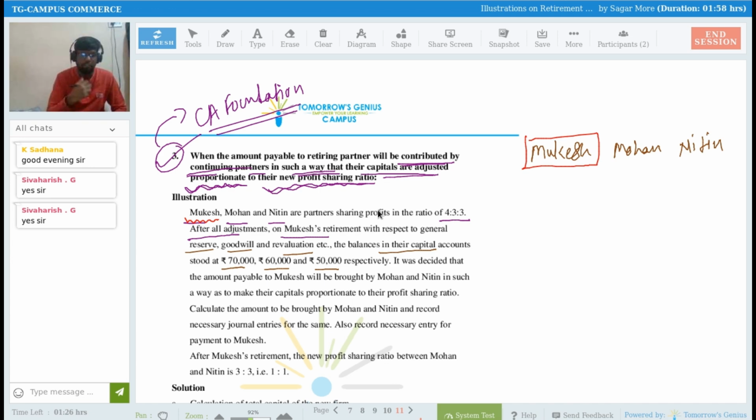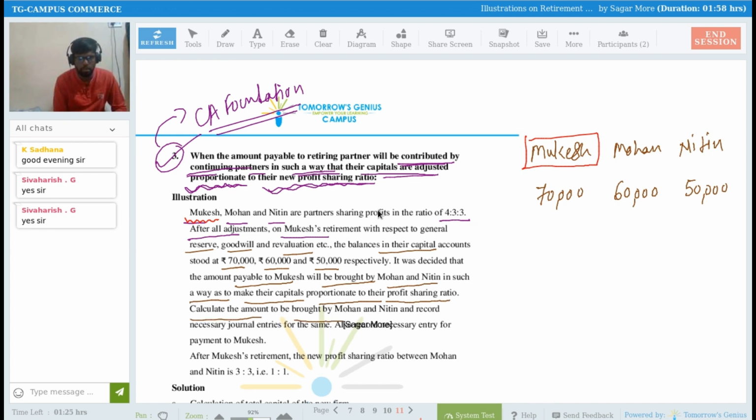After doing that, the balance stood at 70,000 rupees for Mukesh, 60,000 rupees for Mohan, and 50,000 rupees for Nitin. Okay. It was decided that the amount payable to Mukesh will be brought by Mohan and Nitin in such a way as to make their capitals proportionate to their profit sharing ratio.